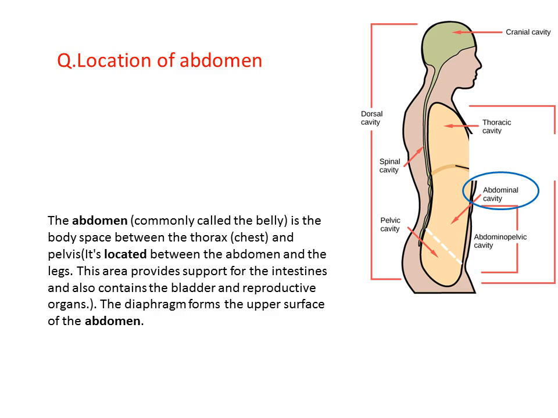You can see that it is in skin color. This region that is dividing the thoracic cavity and the abdominal cavity is known as the diaphragm. The diaphragm is located on the upper surface of the abdomen. Okay, so this is the location of the abdomen.